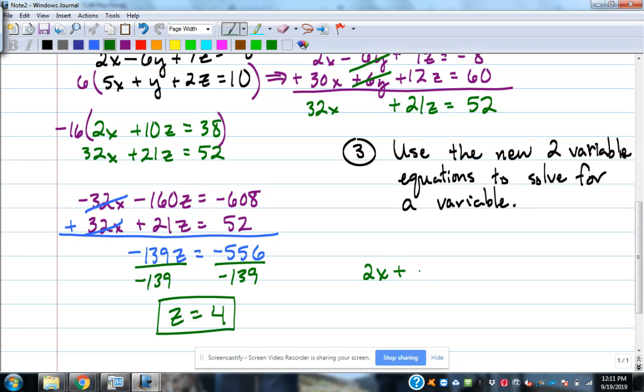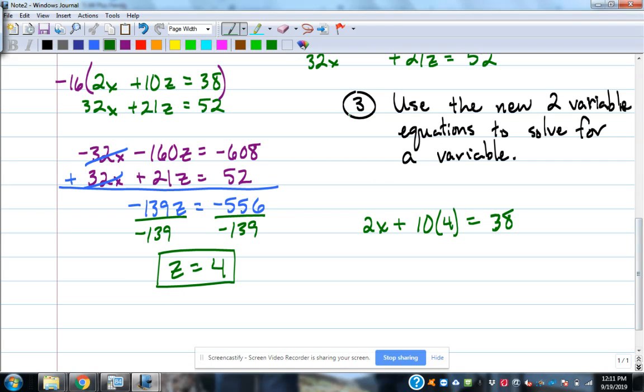So 2x plus 10 times 4 is equal to 38. That was the 2 variable problem I came up with. So that's 2x plus 40, subtract 40, be negative 2, so x is negative 1.